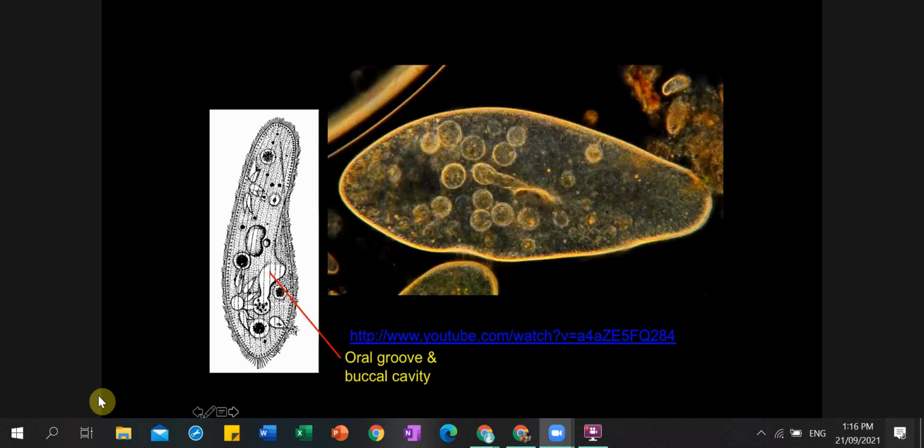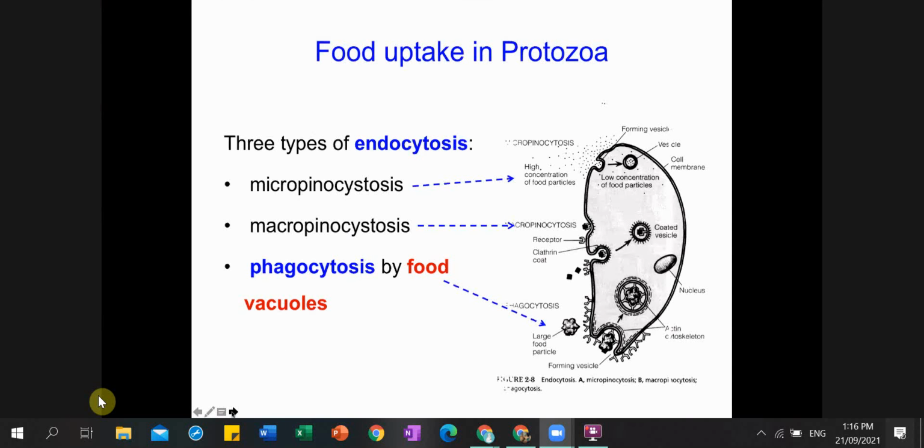Now, the next question would be, where on the membrane can they take food in, right? Where on the membrane can they form the food vacuole or the vesicle, right? So it depends on the species.